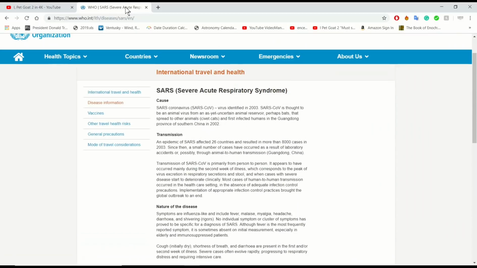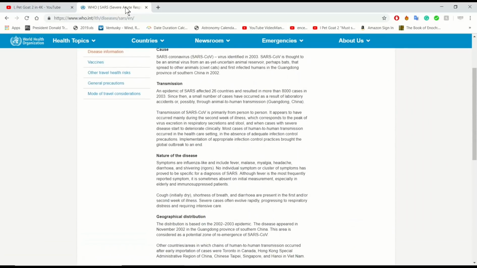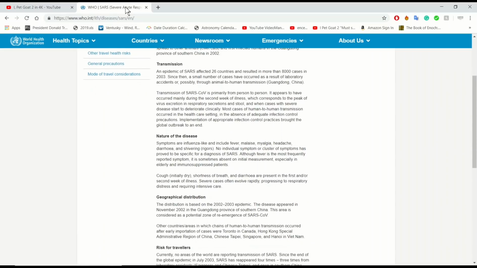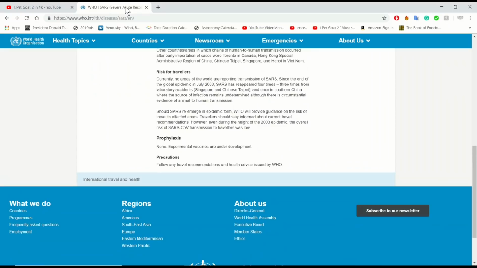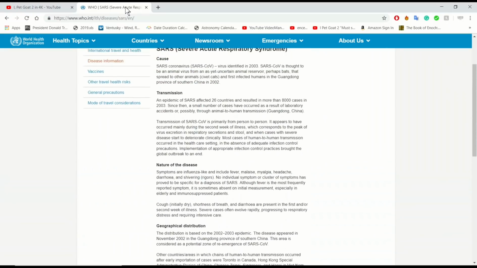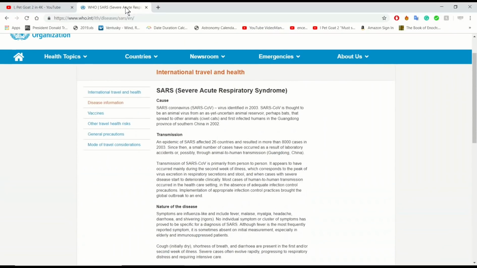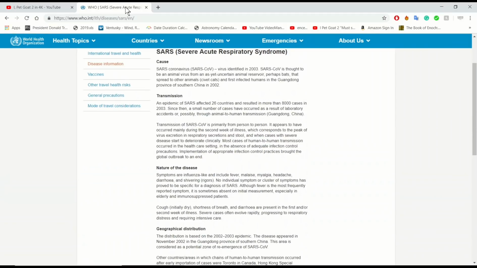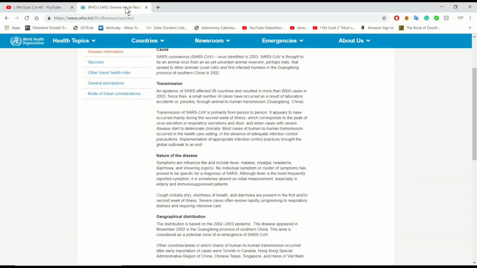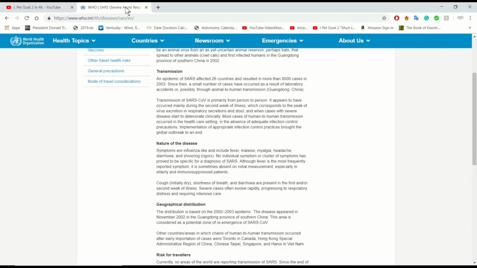It's a respiratory virus. It has similar symptoms to the flu, so kind of like coughing, fever, all that kind of stuff. Let's see if I can get a little bit of information here. It's thought to be an animal virus. Can be spread through animal-human contact.